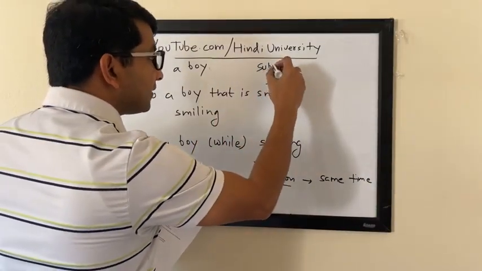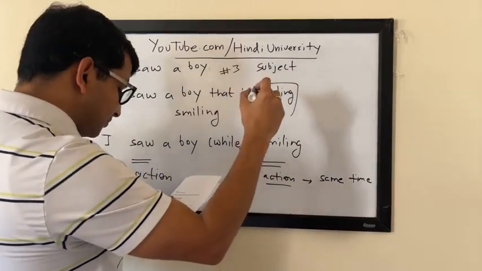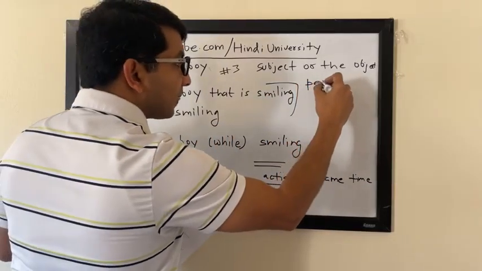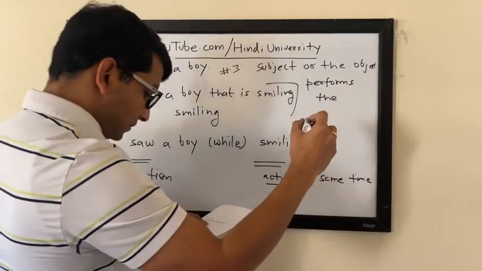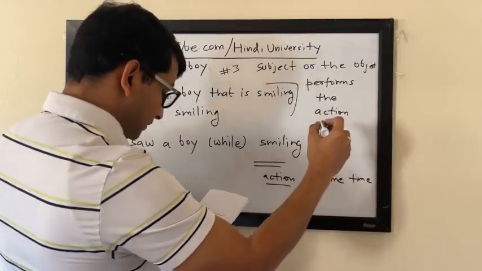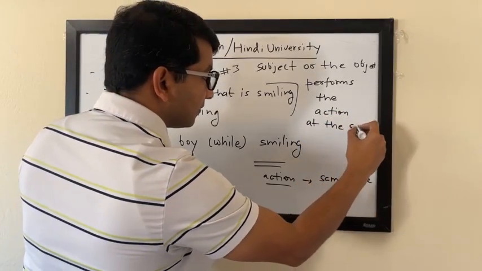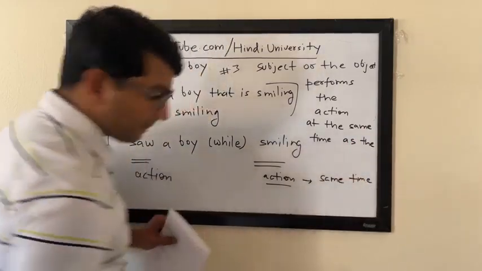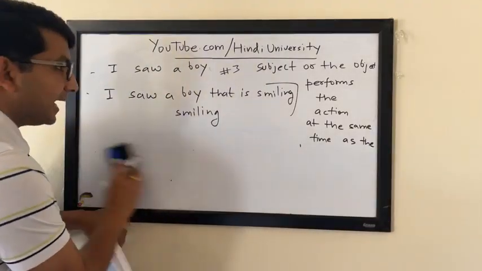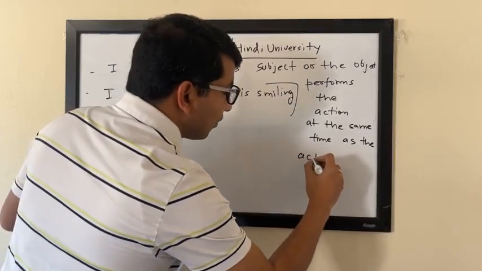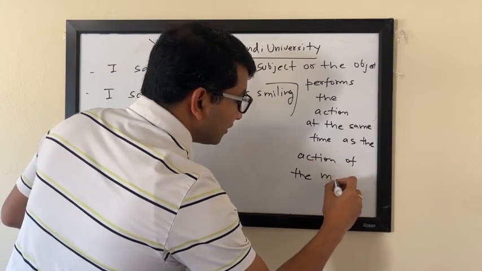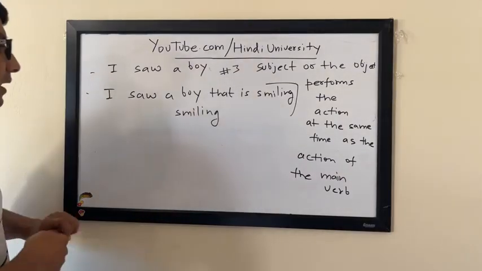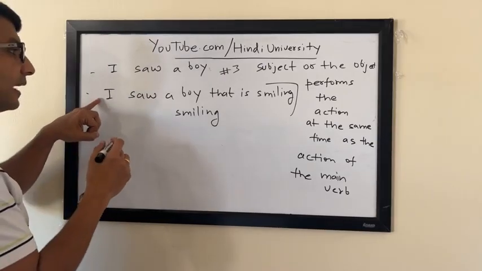So in this case, the number 3 case, the subject or the object performs the action at the same time as the action of the main verb. That's basically the distinction.